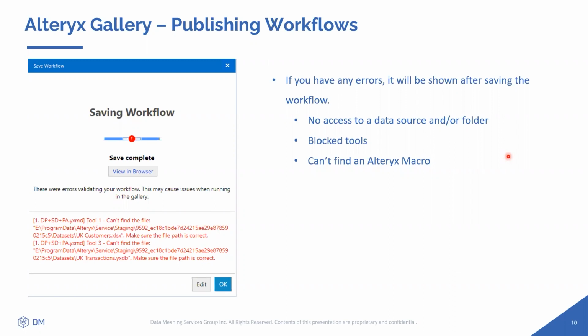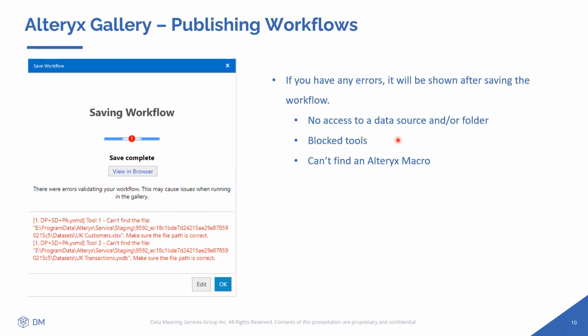So the user on the Alteryx server that is running your workflow doesn't have access to that data source or folder. You can have blocked tools. We're going to be talking about this during the run mode. But also, if you are using a macro and the Alteryx server is unable to find that macro.